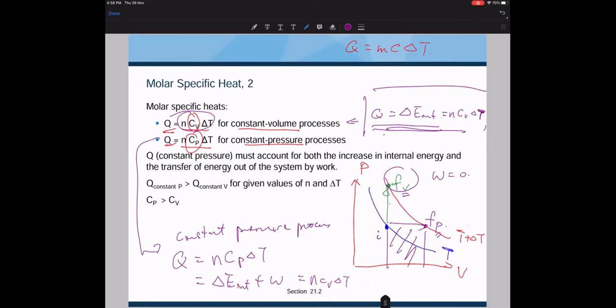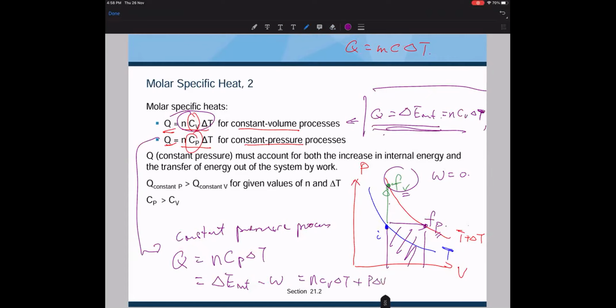No, I should rewrite it a little bit. Q is equal to delta E minus W, according to the first law. So W is equal to minus PdV, so minus W is equal to PdV.